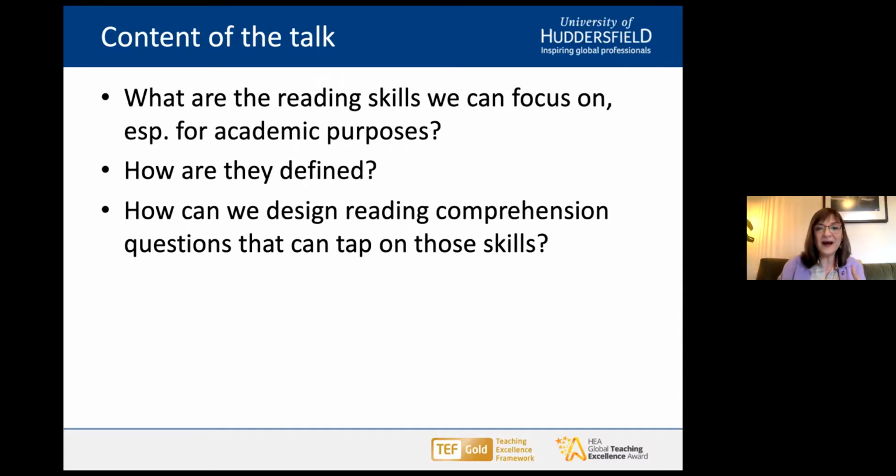Therefore, defining skills, knowing what skills are, how they are different from each other, and what sort of reading processes they trigger is essential to establish validity in our tests. Therefore, I find this level of knowledge quite important for all of us, really.